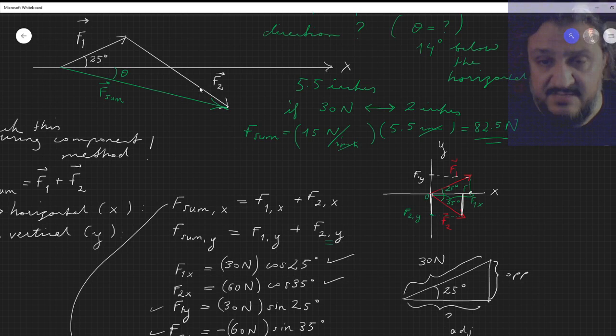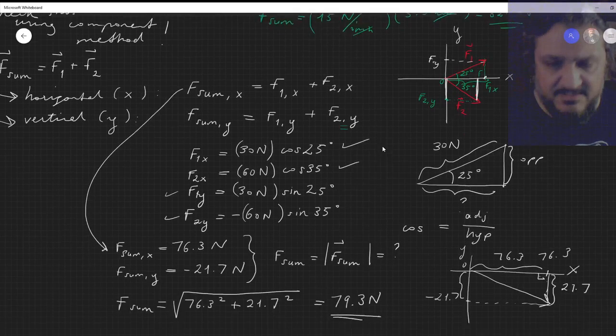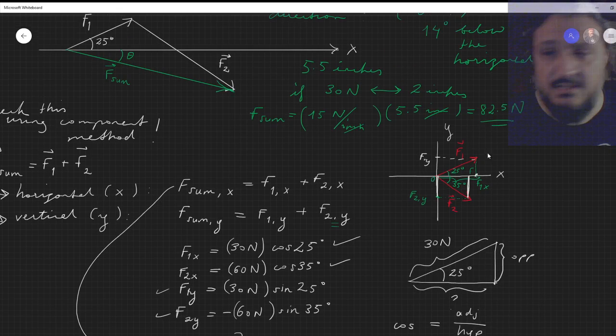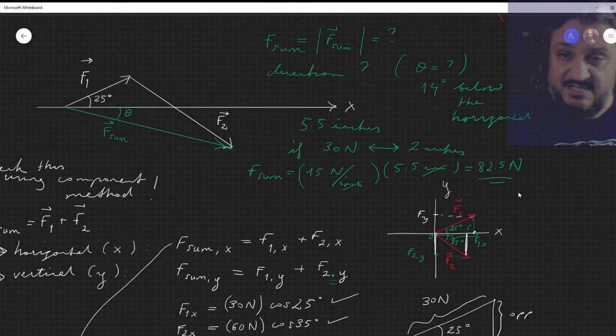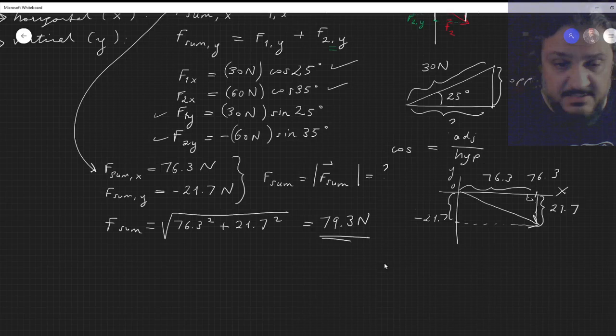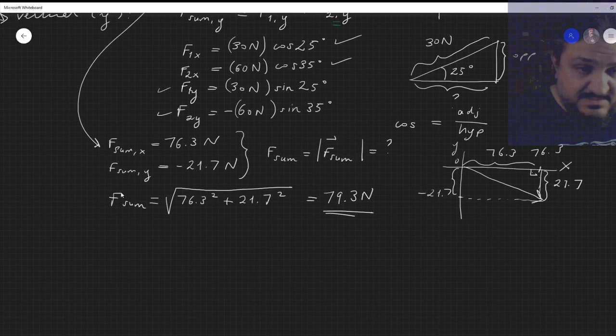That's not a big deal, but we're in the ballpark of 80, okay? So 79, 80, these are all okay. What about the direction? This one, we found it to be 14. How close were we to the actual direction?